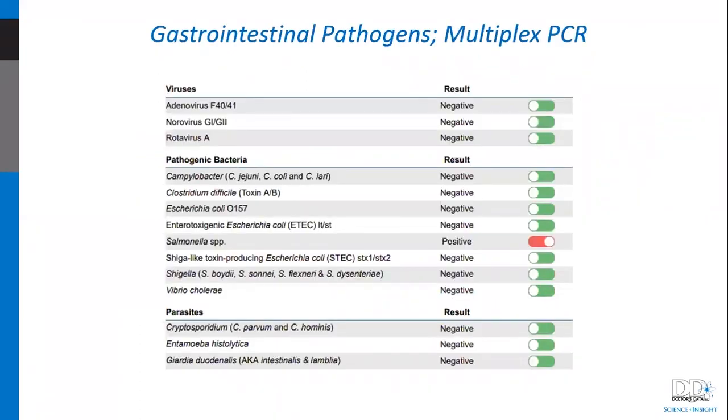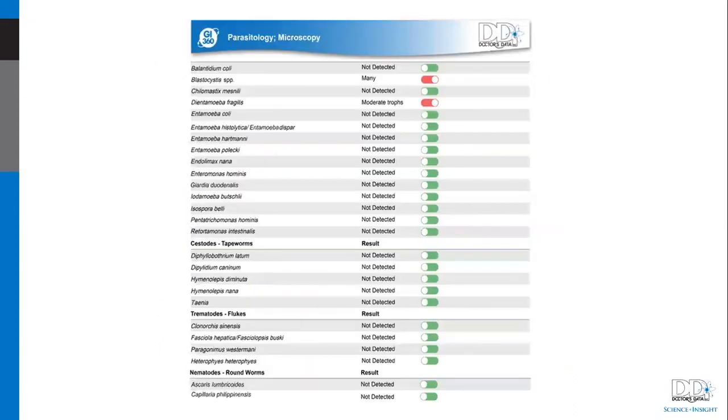Now, we also use a different PCR platform to specifically address the gastrointestinal pathogens, the viruses, the bacteria, and the parasites. And to complement, again, the fact that we have a limited number of parasites by PCR, we use O&P, where we can identify the presence of another 30 parasites.